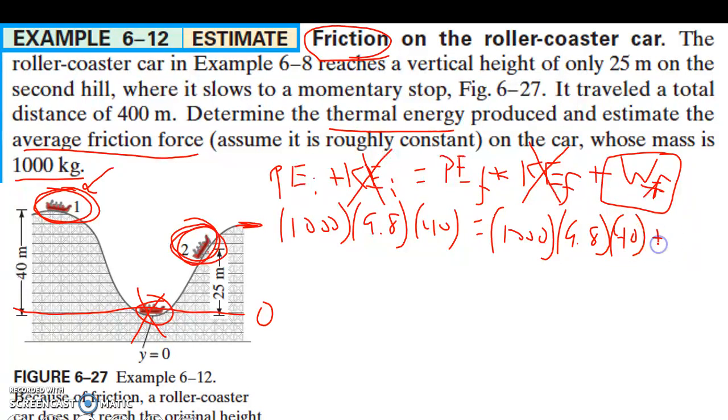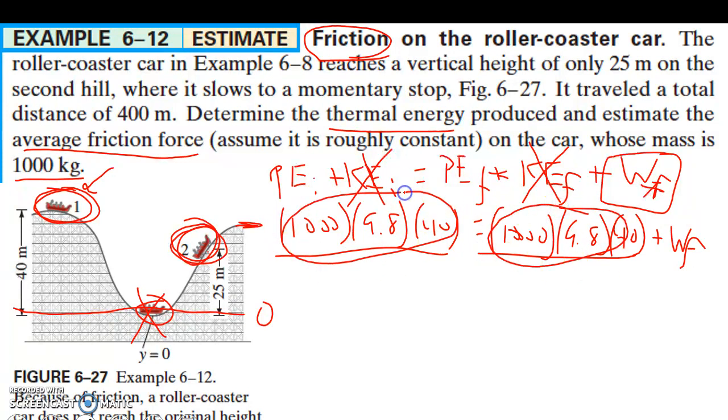And from this, we can find out how much work we have lost to friction, right? I mean, that's as much as multiplying all this and subtracting this from this. And we can find our work. Okay?